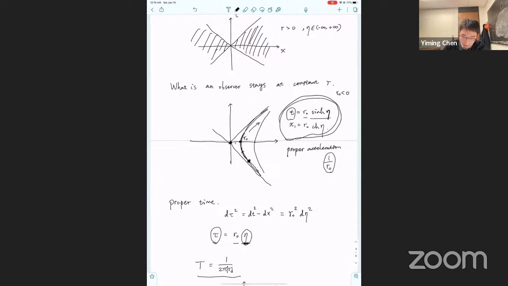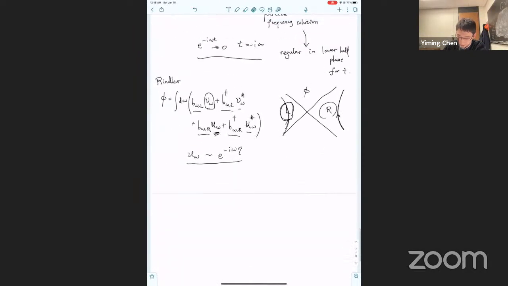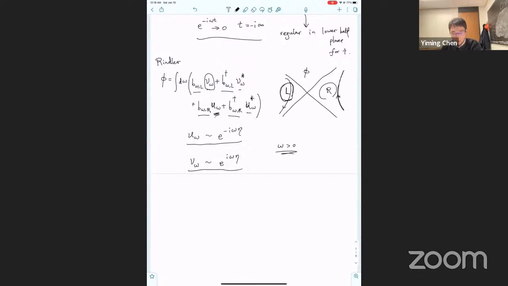So that tells us that in the left wedge, as we increase eta, we actually go downwards, okay? So that tells us that in the left wedge, the positive frequency solution should be rather e to the i omega eta. So in all of these equations, omega is a positive number, okay? So that is just a difference between the definition of the positive frequency solution in the left wedge and the right wedge.